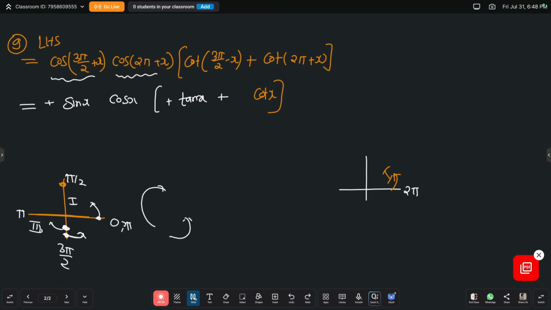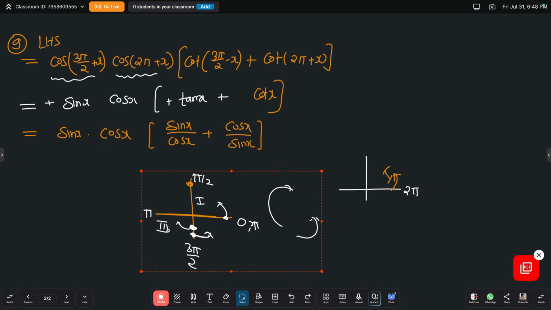Simplify. Sin x cos x, and tan x is sin x by cos x, and cot x is cos x by sin x. This is the rough work.